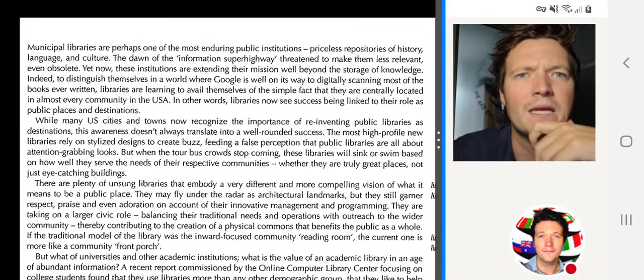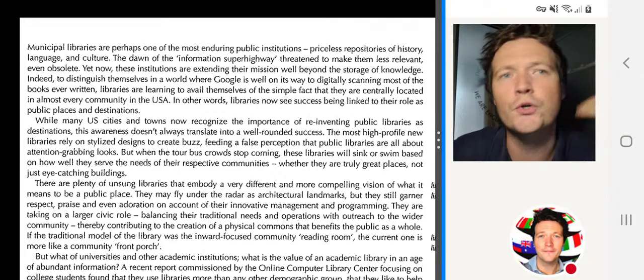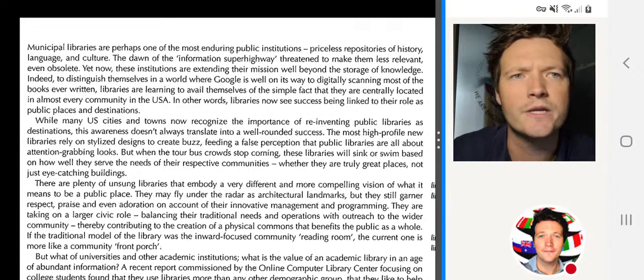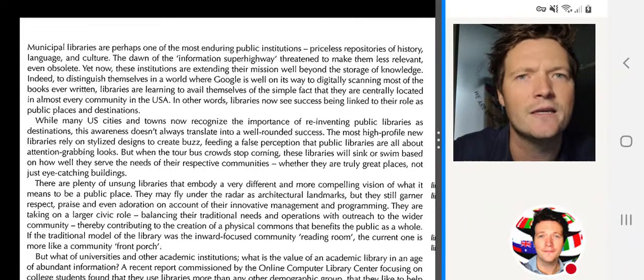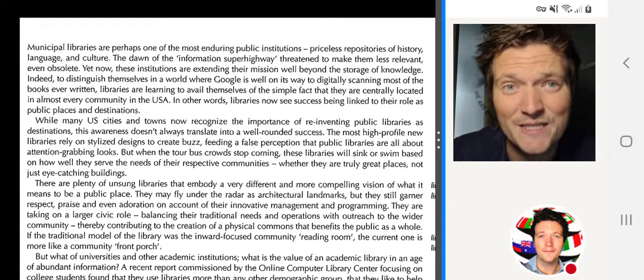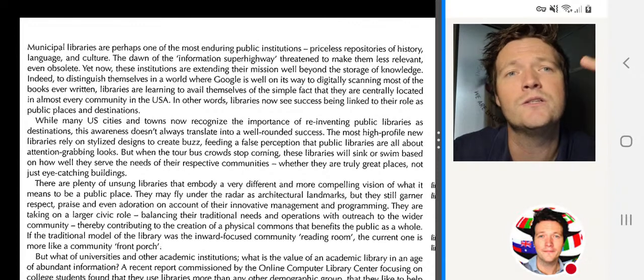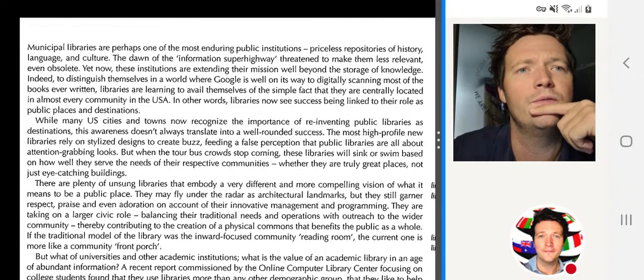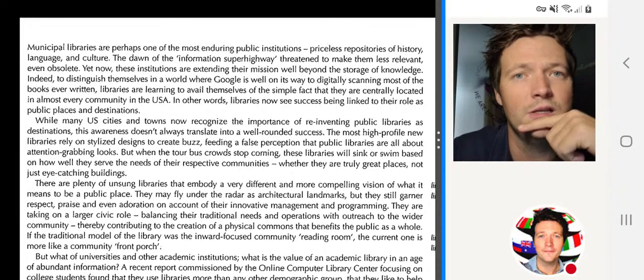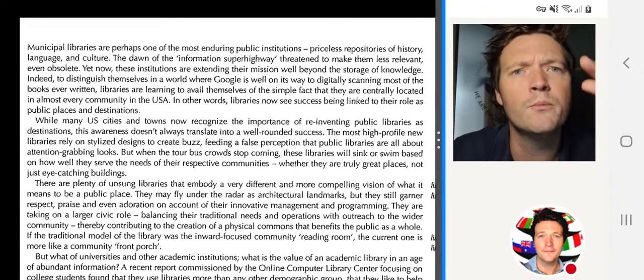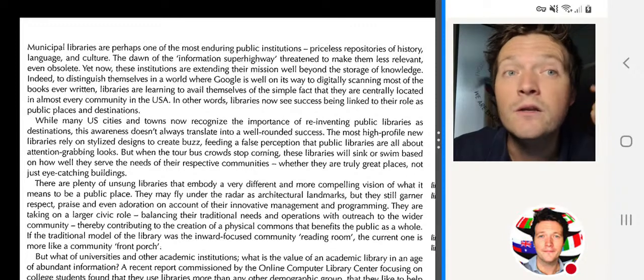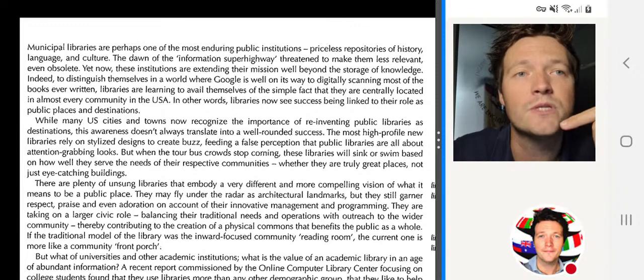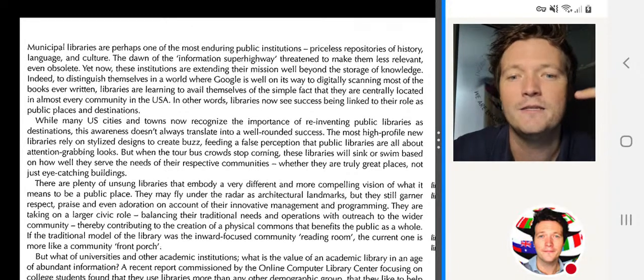Indeed, to distinguish themselves in a world where Google is well on its way to digitally scanning most of the books ever written, libraries are learning to avail themselves of the simple fact that they are centrally located in almost every community in the USA. In other words, libraries now see success being linked to their role as public places and destinations.